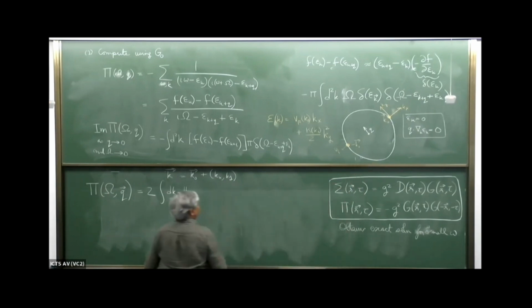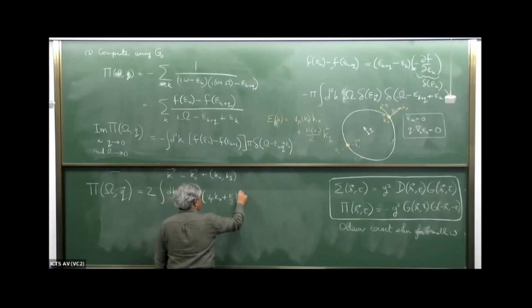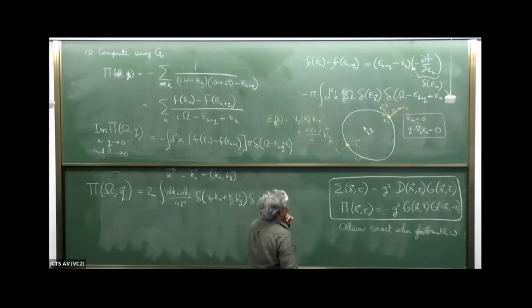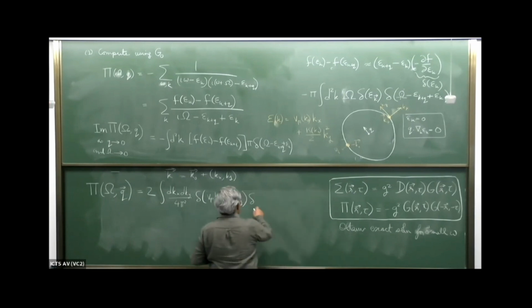That's really very simple. Since it's just a delta function, I only need to take the leading order term in both directions. So delta of ek would give me vf kx plus kappa over 2 ky squared. And delta of ek plus q minus ek will give me delta, and you can put the omega here if you want, but I won't.